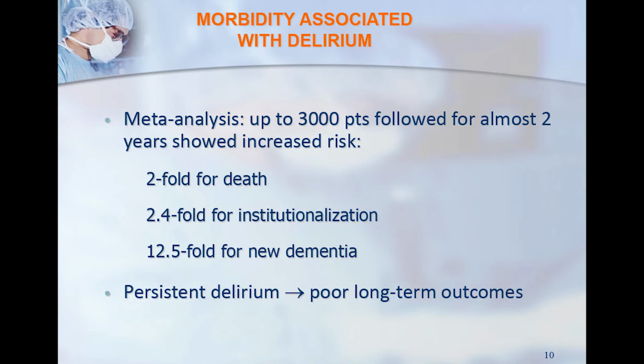That's how serious it is. Persistent delirium means poor long-term outcome, especially dementia. The good news is that delirium can recover with supportive care. But if the patient doesn't have supportive care and good follow-up, they can end up with dementia and long-term consequences.